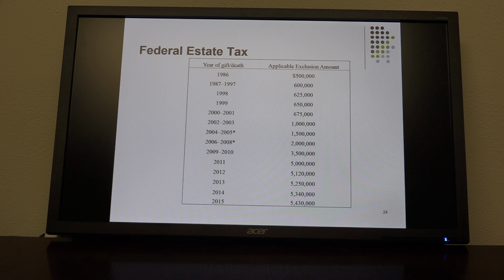And so what do the beneficiaries or heirs have to do, because they're the ones saddled with it?